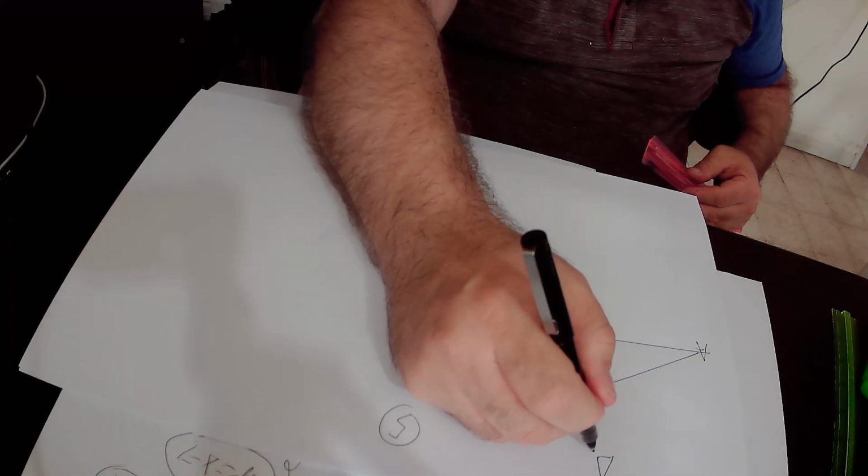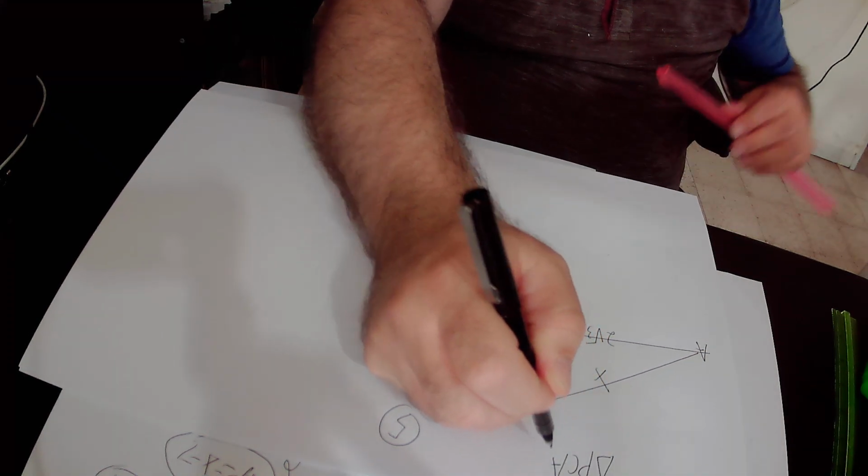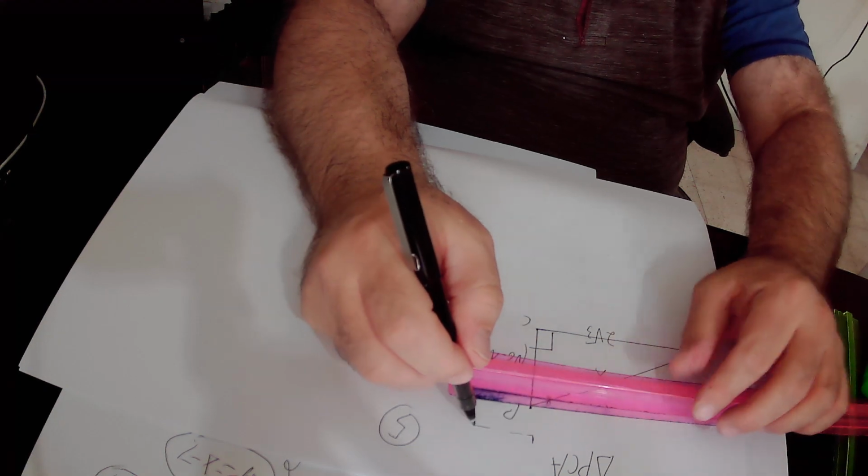So this is actually the right triangle, triangle PCA, that I copied from the original drawing.